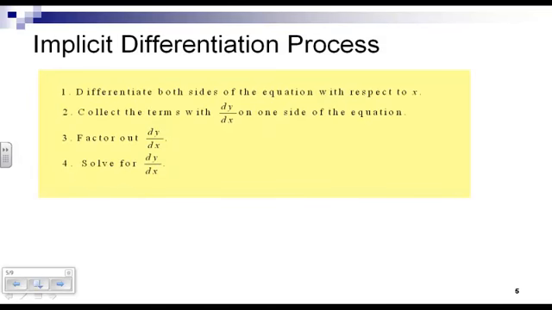Let's summarize what we did. Here's the implicit differentiation process. We differentiate both sides of the equation with respect to x. When we do that, remember, we may be applying the sum, difference, constant multiplier, product, quotient, and chain rule during that process.